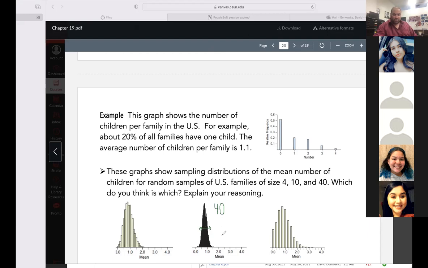And this one is certainly the tightest of the three, this is the widest of the three, and this is somewhere in between. So it should be 10, 44, which was not everyone, but just about everyone.